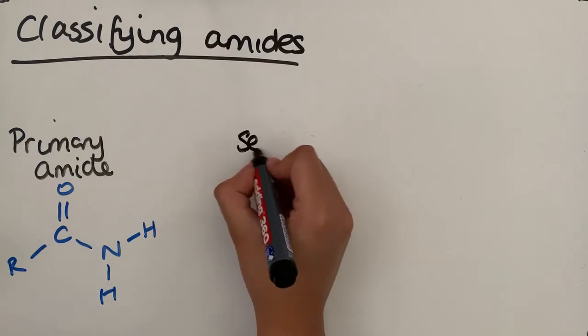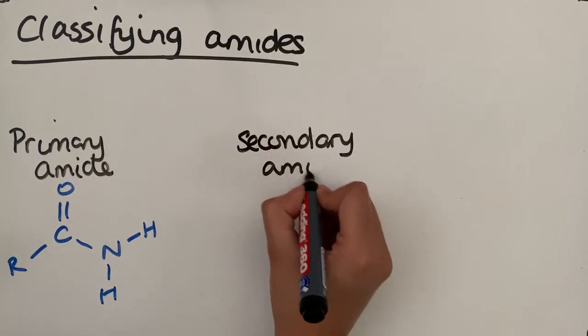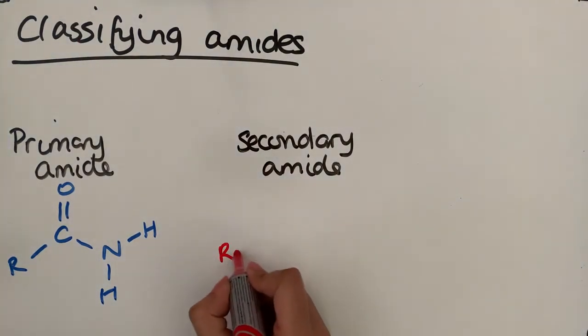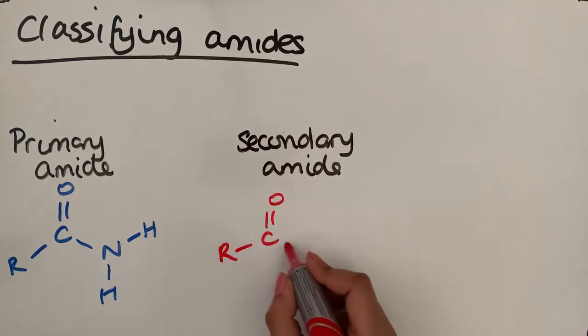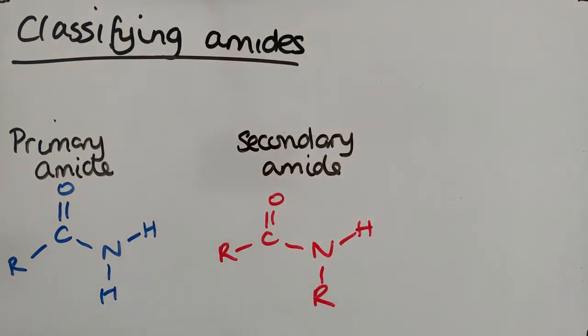A secondary amide is therefore one where the nitrogen is only bonded to 1 hydrogen and an R group. So there's 1 hydrogen attached to this one, the other one is an R group.